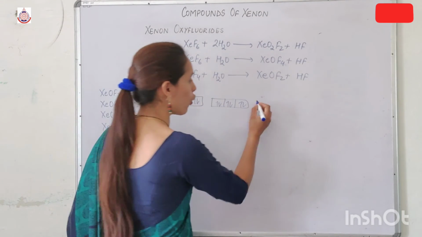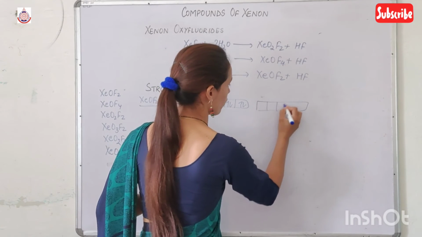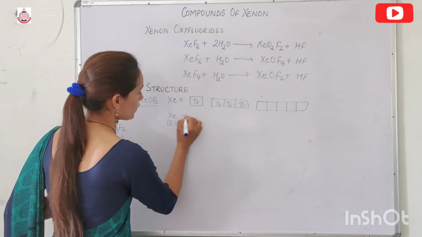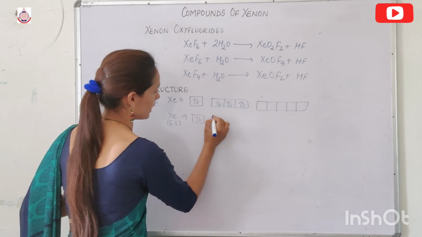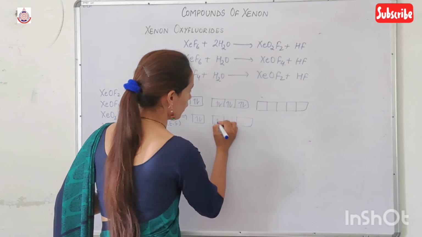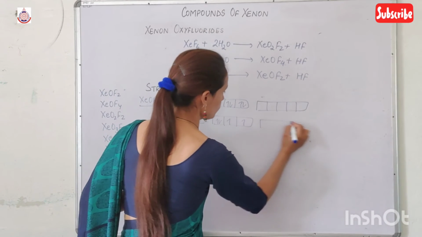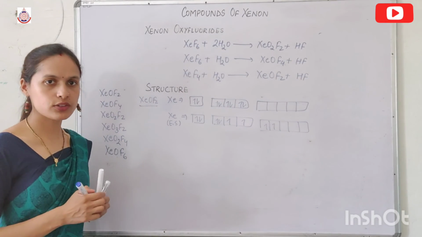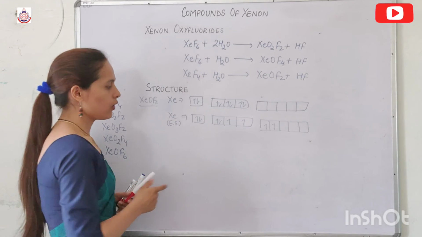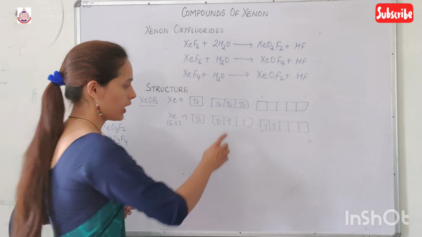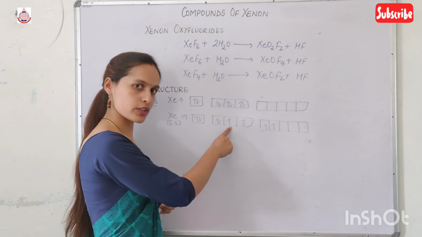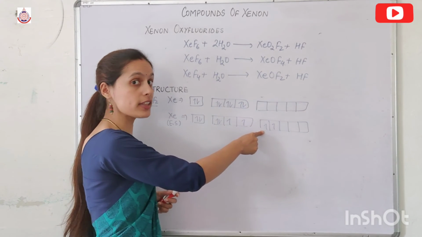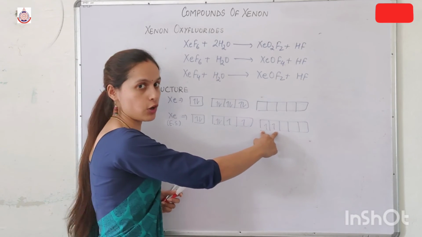Because I want 4 singly filled orbitals, in the excited state 2 electrons will jump from P to D. Now, out of these 4, here one sigma bond with fluorine, here another sigma bond with fluorine, here another sigma bond with oxygen, and a pi bond with oxygen.